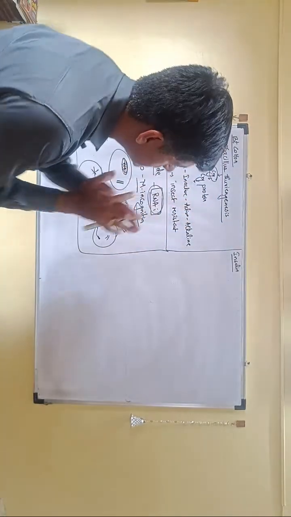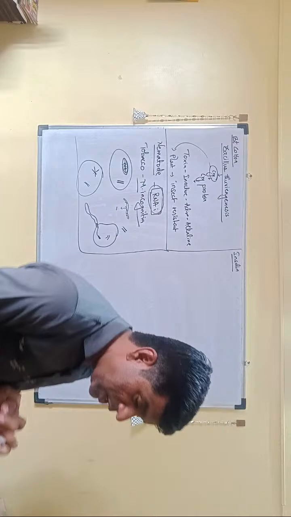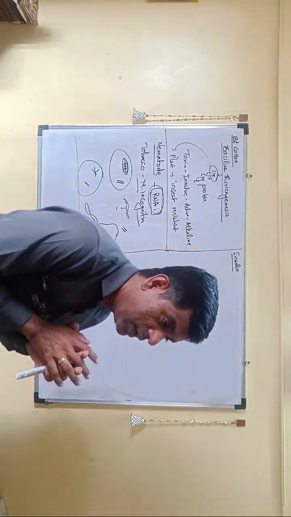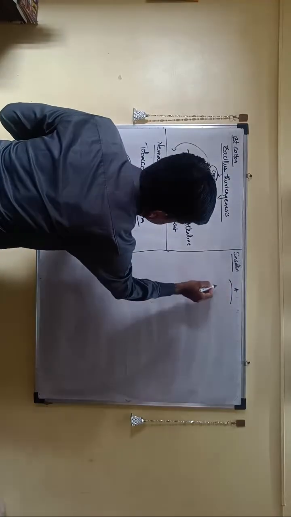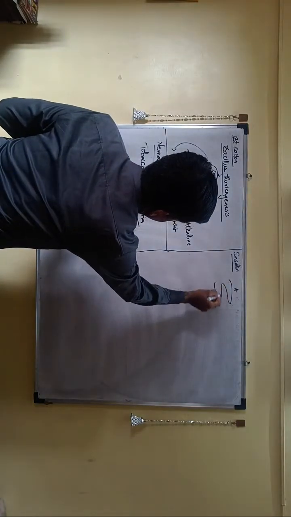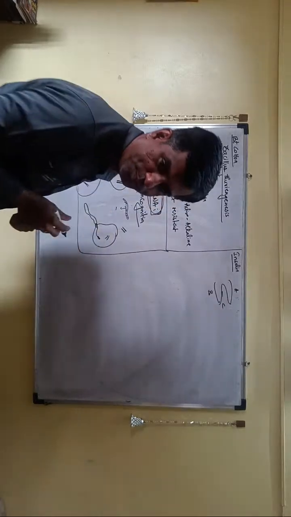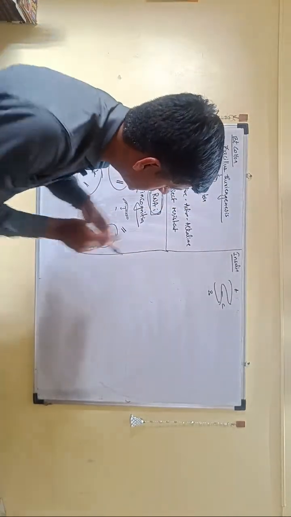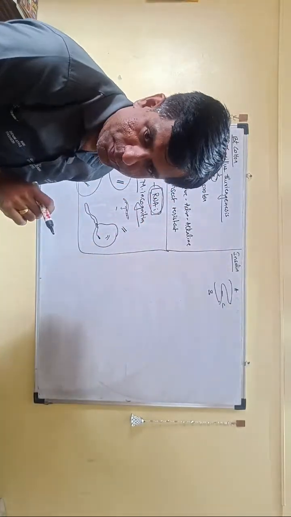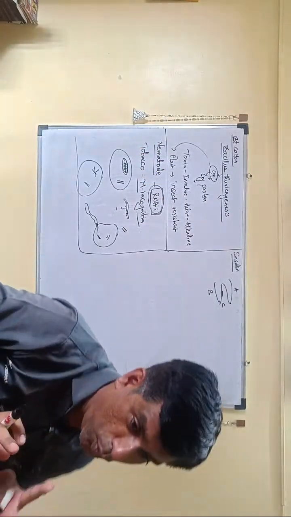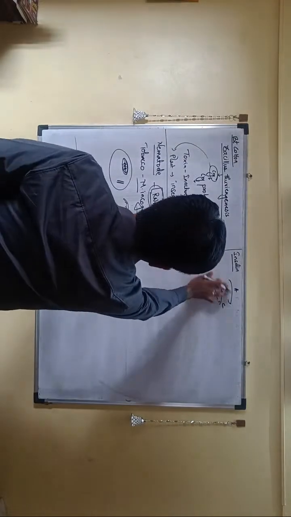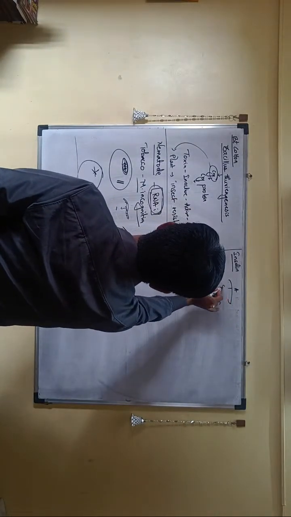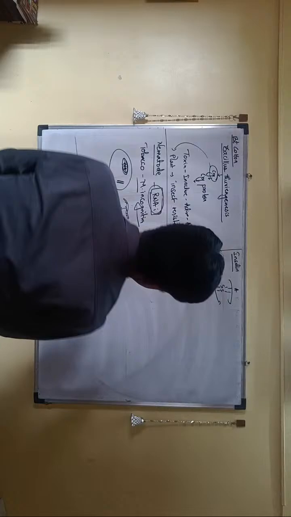The problem with this natural insulin was that in humans, it is produced as a prohormone, a polypeptide which contains an A polypeptide, a B polypeptide, which is joined with a C polypeptide. In nature, the C peptide is cleaved and the A and B are joined by disulfide linkage.